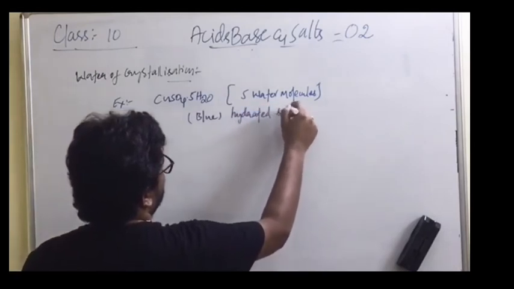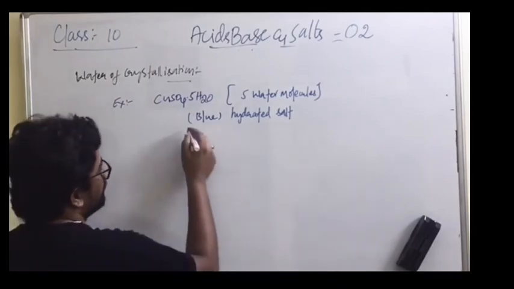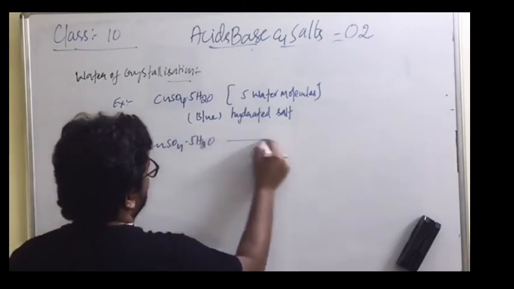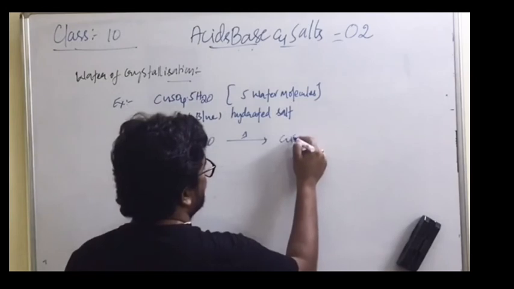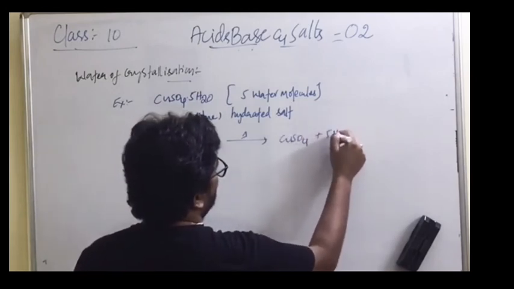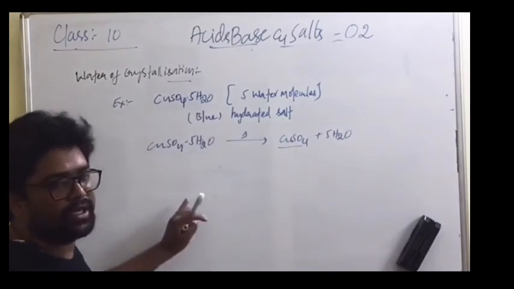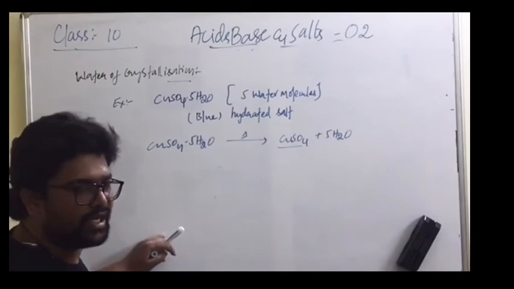In this we have 5 water molecules attached to the salt. When this copper sulfate pentahydrate, CuSO4.5H2O, is heated, the water molecules attached to the salt get removed. So by heating we can remove the water of crystallization.